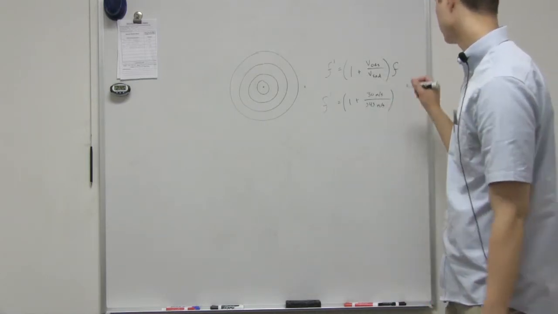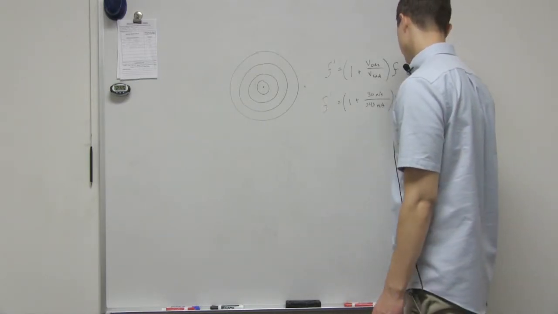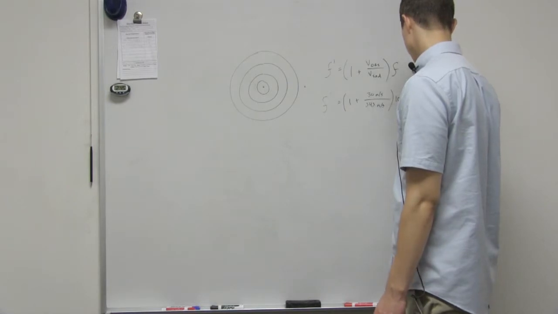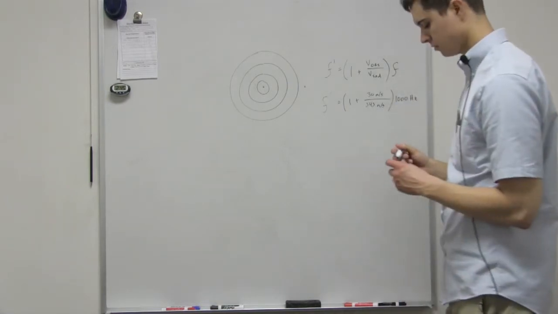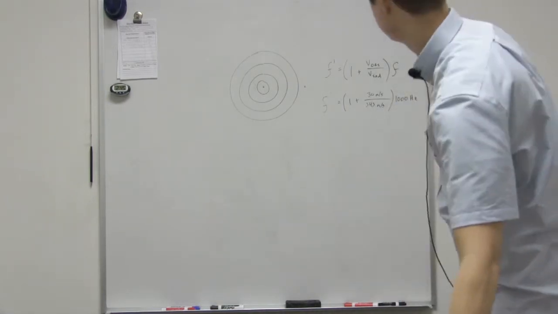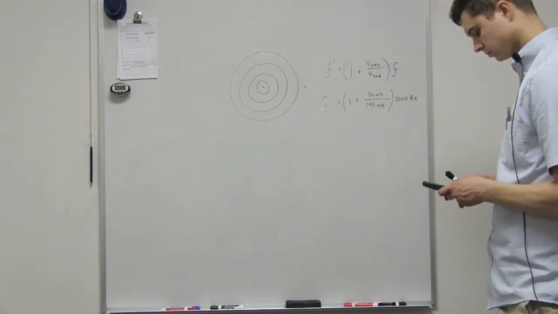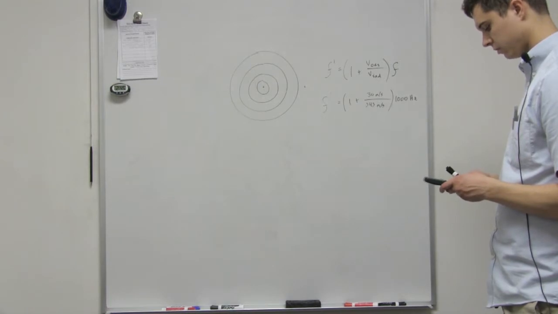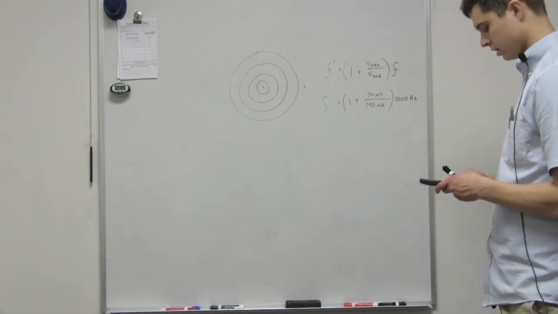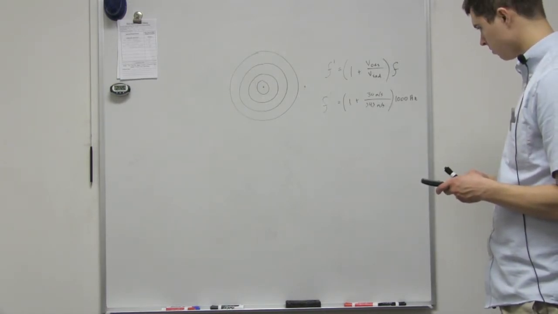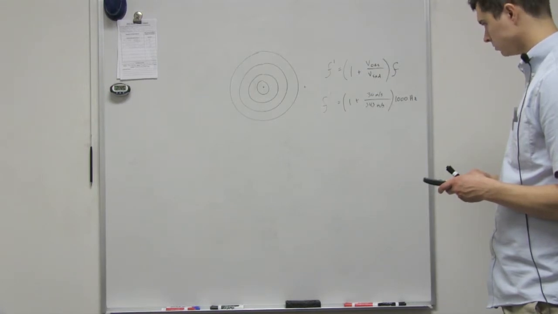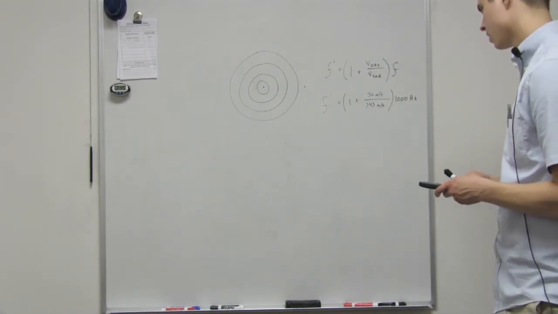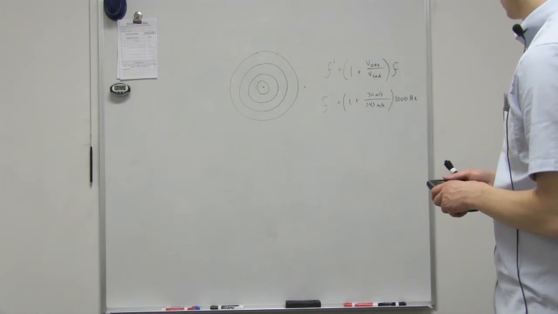And the frequency that's being produced in reality is 1,000 hertz. So we take 30, divide by 343, and add that to 1. 343. Did you say 333 or 343?